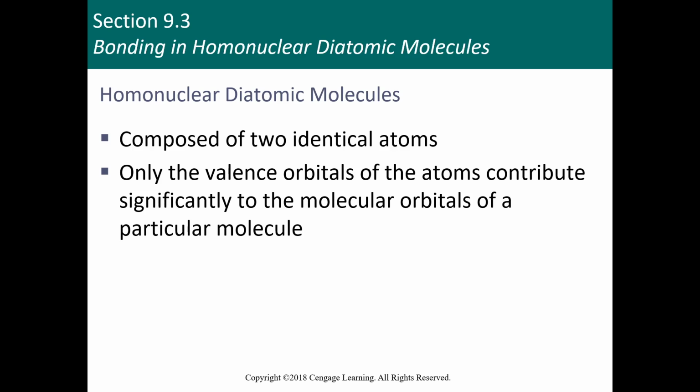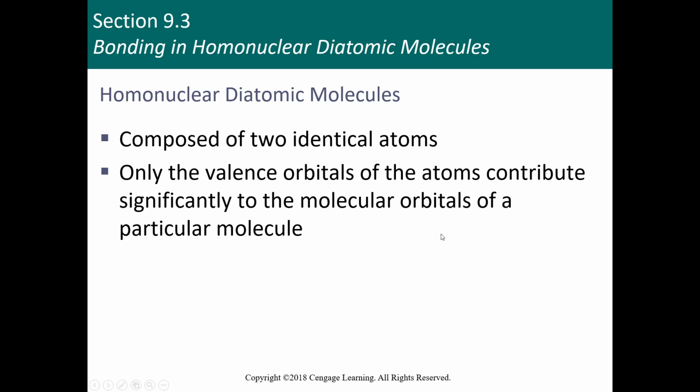All right, so homonuclear diatomic molecules. Homo means same. Nuclear means as in nucleus, right? And so these are going to be the same nucleus. Diatomic: di means 2, atomic, atoms. So the same nucleus on both sides, so these molecules are composed of 2 identical atoms.